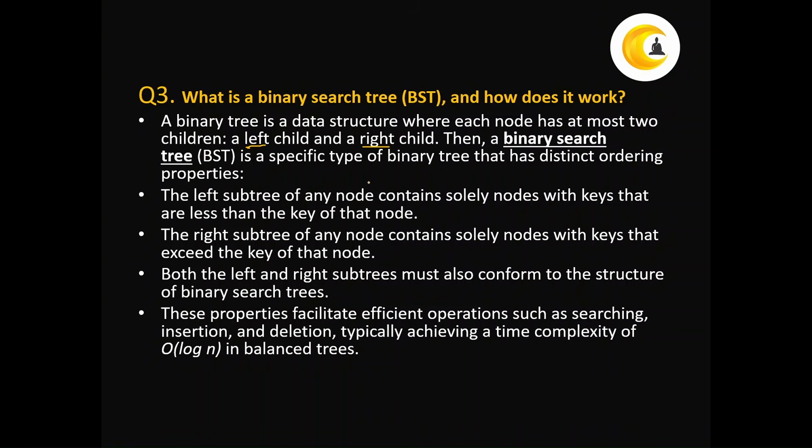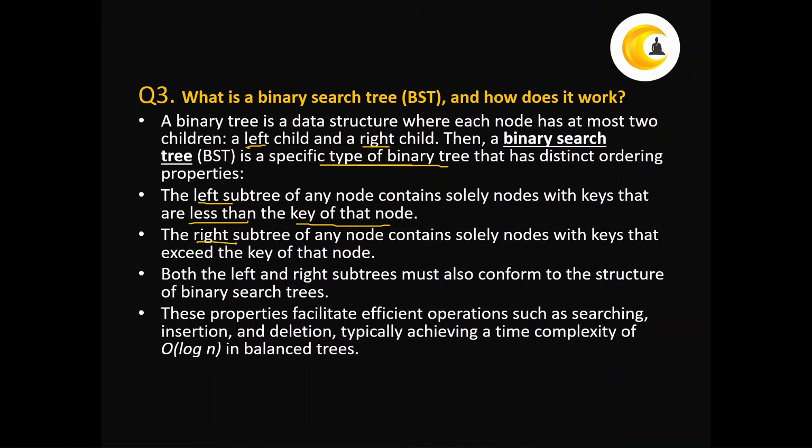Now, binary search tree BST is a specific type of binary tree that has distinct ordering properties. Okay, the first thing, that the left subtree of any node contains nodes with keys that are less than the key of that node. That means at any given particular subtree of a binary search tree, the left nodes will always be less than the parent node or the key node.